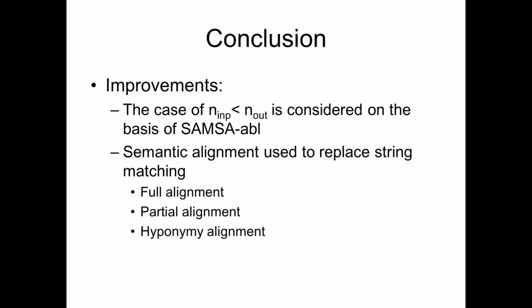This research improves SAMSA. There are mainly several aspects. The case of n-in less than n-out is considered, and semantic alignment is used to replace string matching, mainly based on three aspects: complete alignment, partial alignment, and hyponymy alignment.